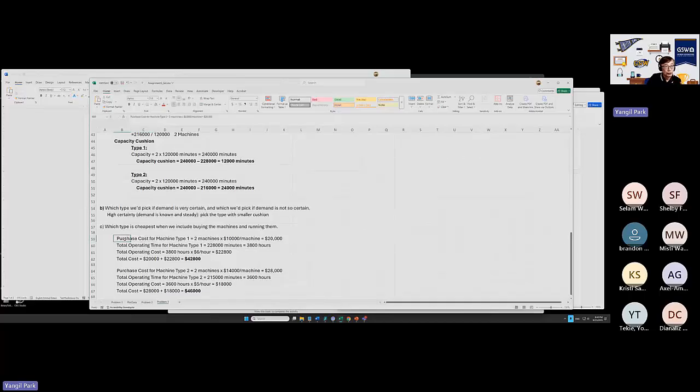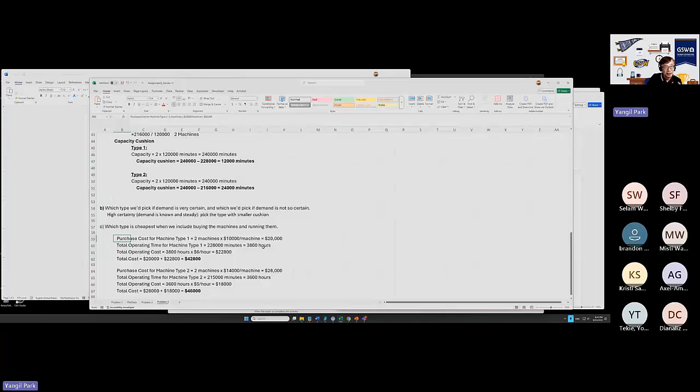So we're going to do type 1 first. Purchasing costs end up 20,000, just like that. And operating time that we need to calculate, which we already have, 228,000 minutes. And we want to convert to hours, right?